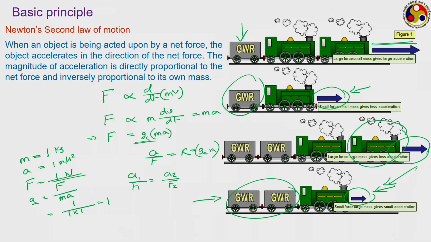So, if our choice of unit is different, or if we are defining the force like 1 Newton in this case in a different way, then Gc will be having some other value also. So, it is important to remember that the relation that we are talking about is not just force equal to mass into acceleration, but there is a constant of proportionality also, which only in SI unit, when you are using Newton as the unit for force, Gc becomes equal to 1.